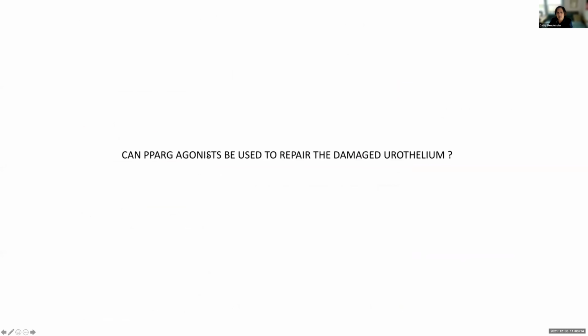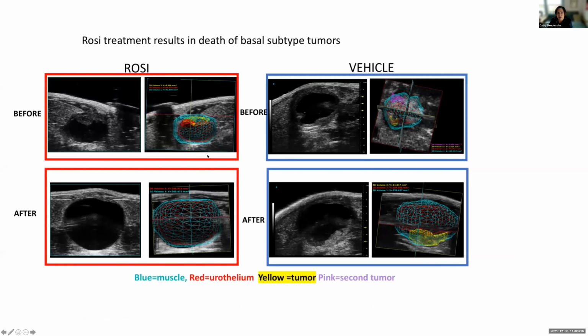So can PPAR agonists be used to repair the damaged urothelium? Well, if you just focus on the left panel, the right is a control, we've actually shown that basal tumors, which regenerate in mice, can be basically annihilated by rosiglitazone, which is a PPAR gamma synthetic agonist. This is an ultrasound of the same bladder, the same mouse, before and after rosiglitazone treatment.